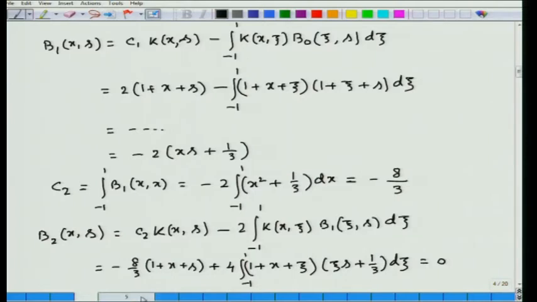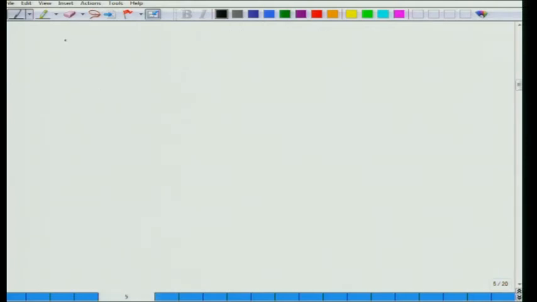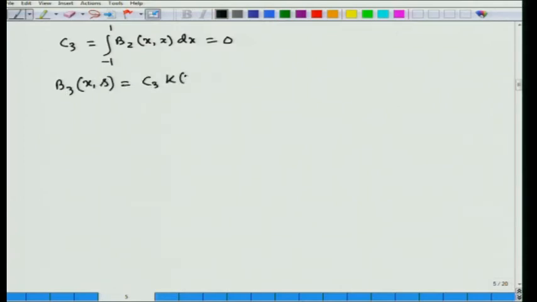Now, once you have B2(x, s) equal to 0, therefore C3 is equal to the integral from -1 to +1 of B2(x, x) dx, which should be equal to 0, and once C3 is equal to 0, then immediately B3(x, s), according to the formula, is C3 k(x, s) minus 3 times the integral from -1 to +1 of k(x, ξ) B2(ξ, s) dξ.